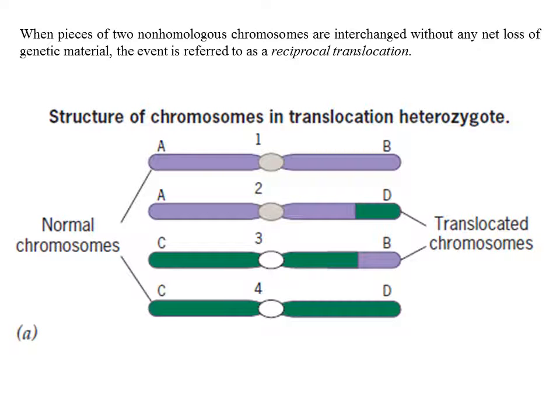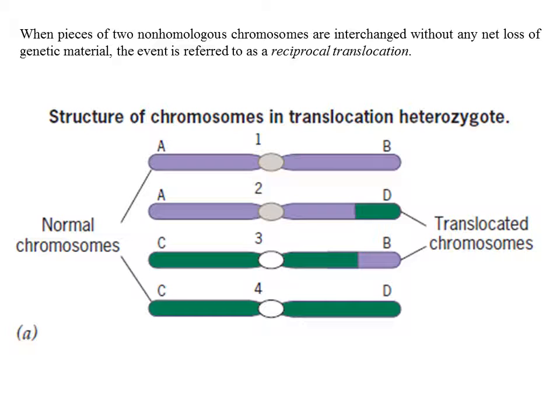In this picture, you can clearly see what is translocation. There are two pairs of homologous chromosomes. One is indicated in blue color and one is indicated in green color. So there is an exchange between non-homologous chromosomes.